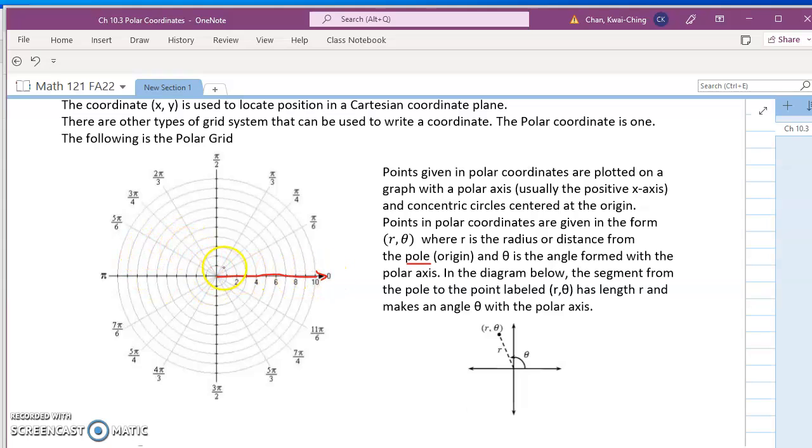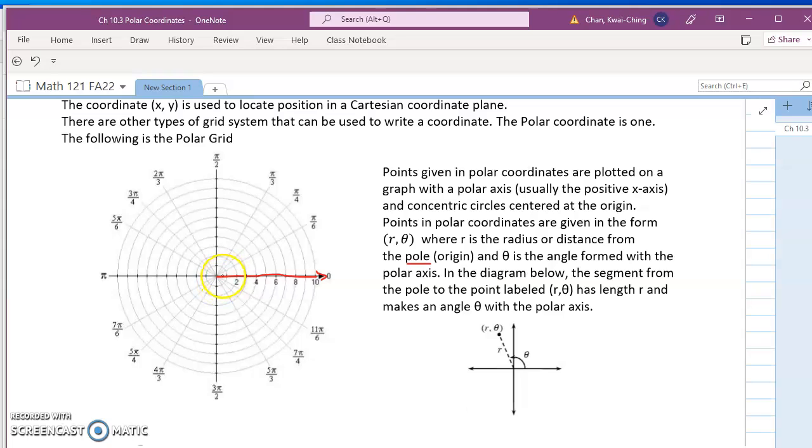What do we use it for? Out of the pole, we have circles. The first circle is radius 1, the second circle is radius 2. Presumably, you can have circles of radius 1.2, 1.34. So every single point in space is on a particular radius.